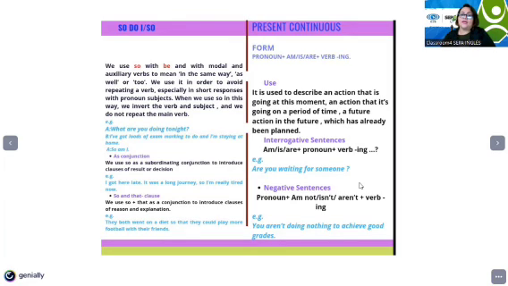An interrogative sentence, for example, are you waiting for someone? We have the to be, is, are, plus the pronoun, plus the verb ing, and finally the question mark. Negative sentence, we use the pronoun, plus am not, isn't, aren't, and the verb ing. In this case, we say, you aren't doing anything to achieve good grades.